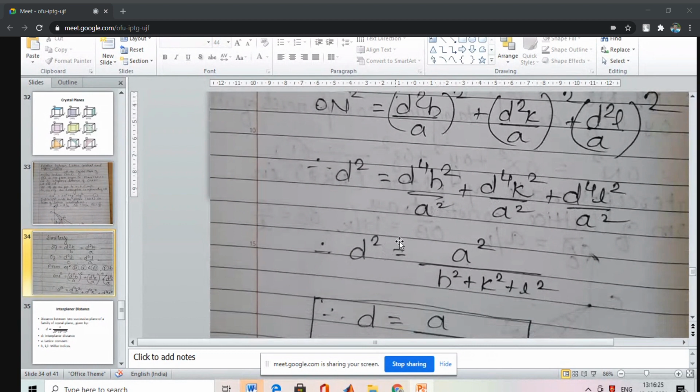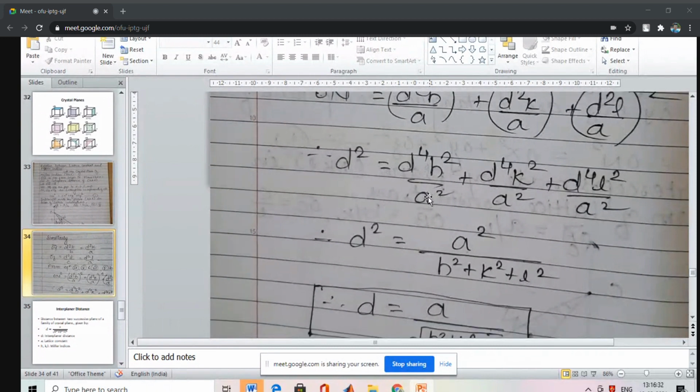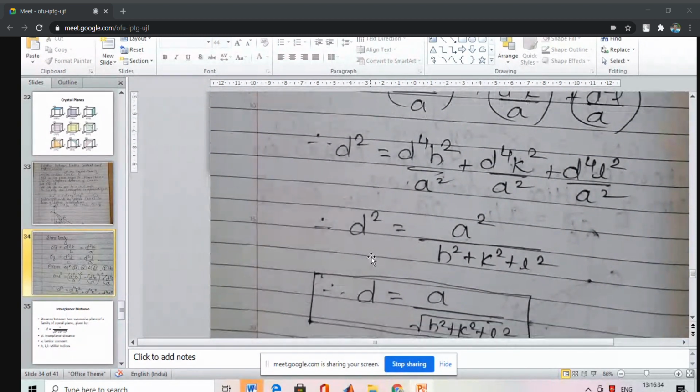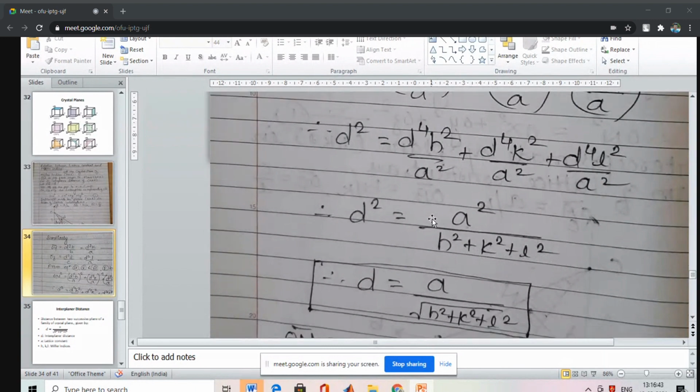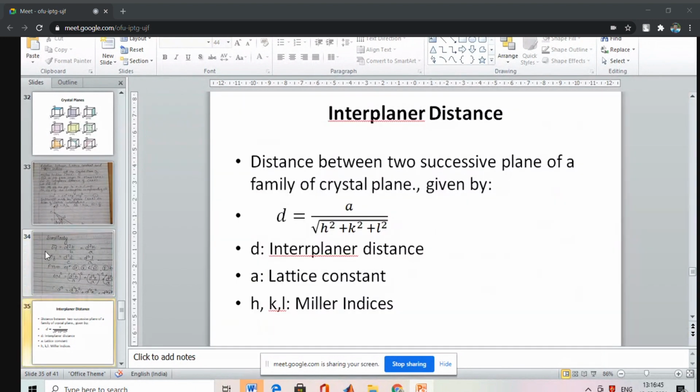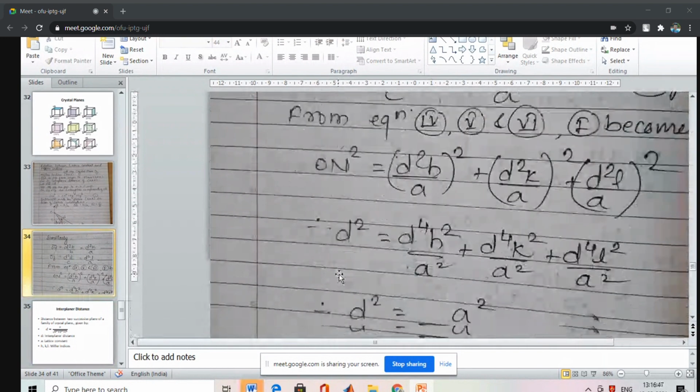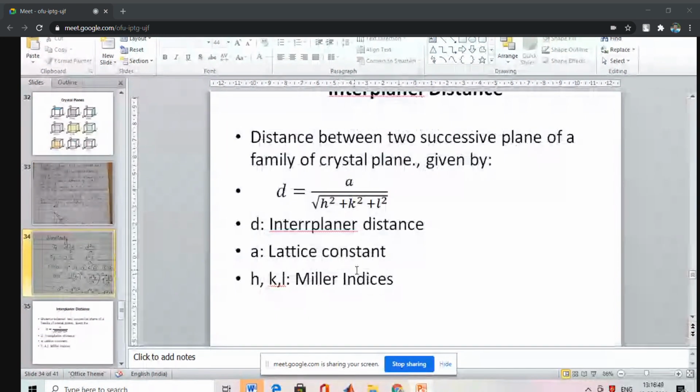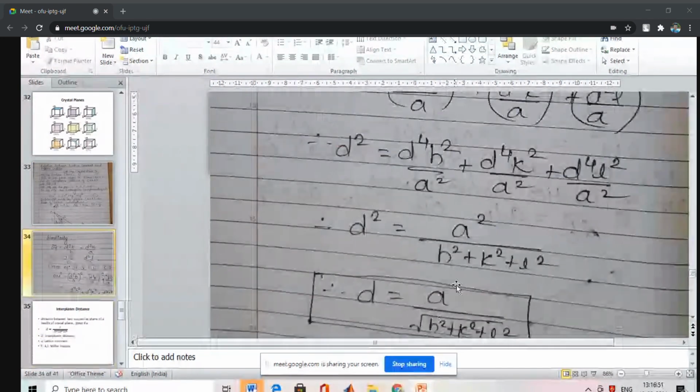So, by dividing this equation by d square, d square will be A square upon h square plus k square plus l square. Then, by taking the square root, d is equal to A upon root h square plus k square plus l square.